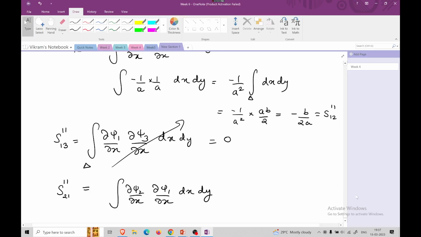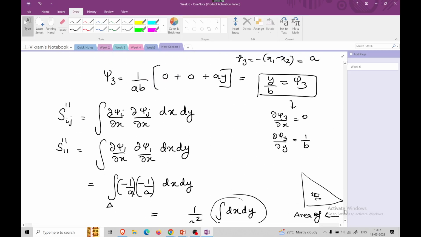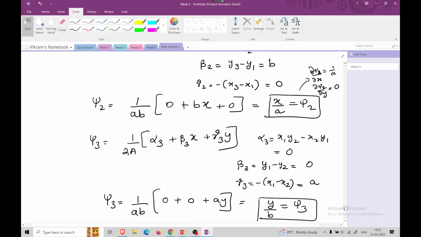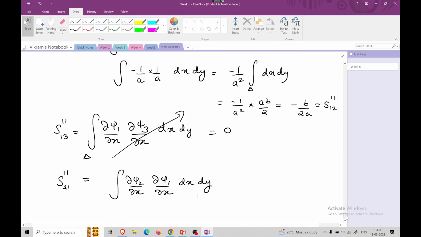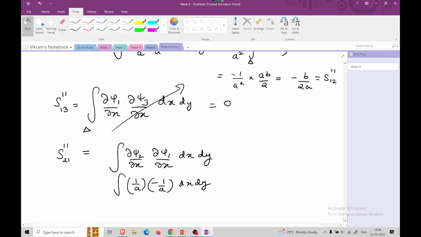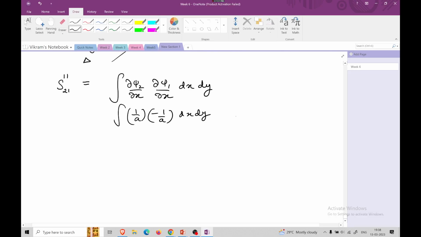So what is dou psi 2 by dou x? 1 by a. What is dou psi 1 by dou x? Minus 1 by a. So this is 1 by a into minus 1 by a dx dy. So this will be minus 1 by a square into dx dy, which is nothing but the area of the triangle, minus 1 by a square into ab by 2. So this is minus b by 2a.